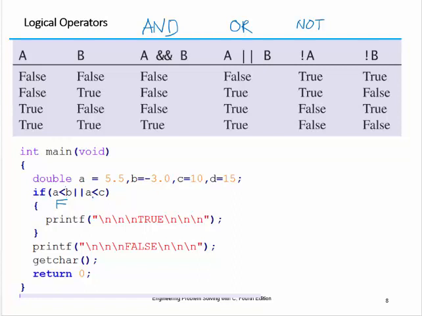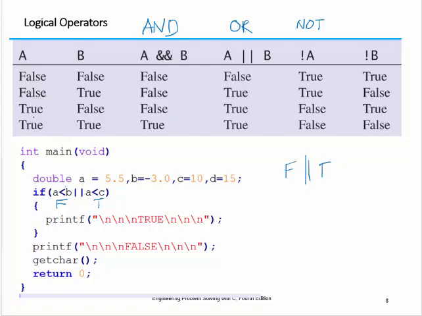Go over here. Is A less than C? Check. A is 5.5, C is 10. This is a true statement. And now I look over here at this definition of an OR statement. This is called a truth table. So I have false or true.